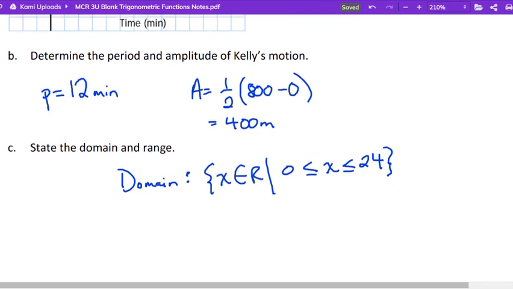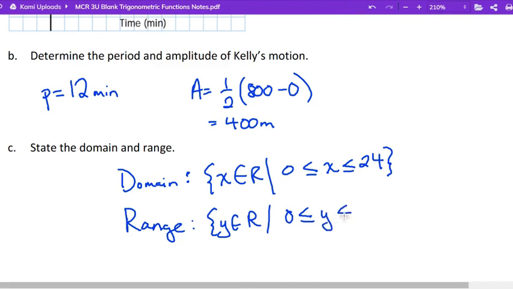It's continuous, but it has a start and an end. Range also has restrictions. So y belongs to all real numbers such that y is between 0 and 800. So this function exists everywhere inside those restrictions.